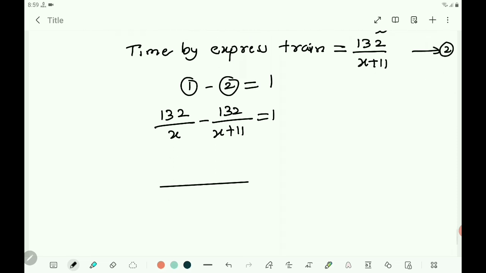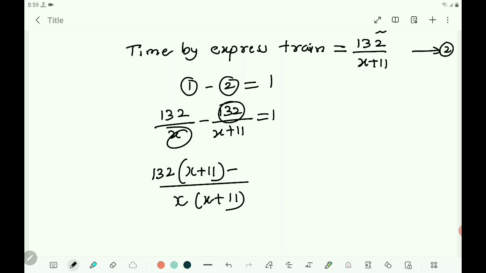Then here the LCM is x into x plus 11. Then 132 into x plus 11 minus 132 into x, equals 1.